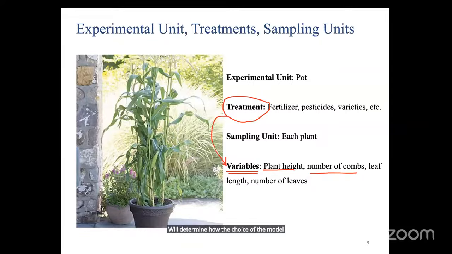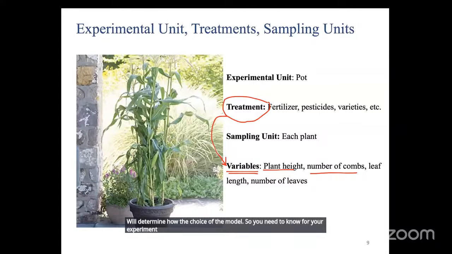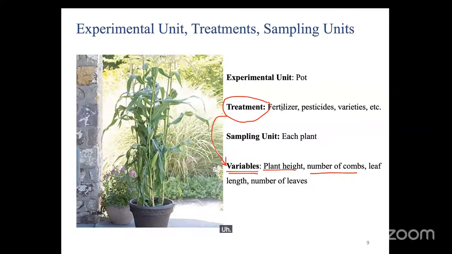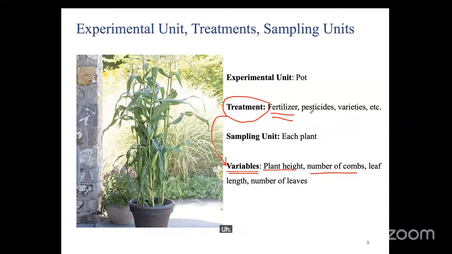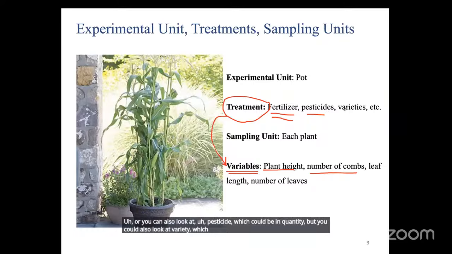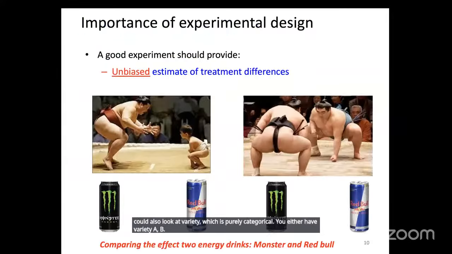So you need to know for your experiment which variables you're measuring as a response to the treatment. The treatment itself also can have different characteristics. You can look at fertilizer, for example, which is in quantity, or you can also look at pesticide, which could be in quantity, but you could also look at variety, which is purely categorical. You either have variety A, B, C, or D.